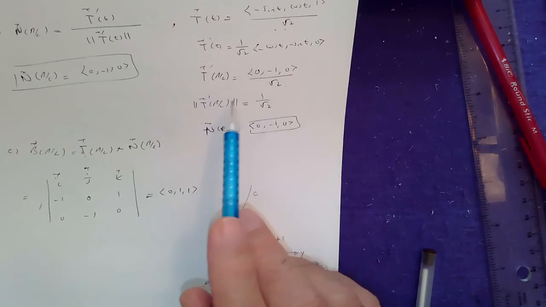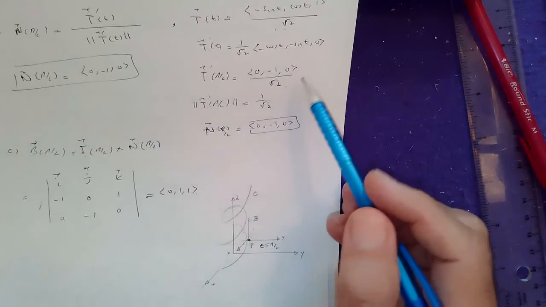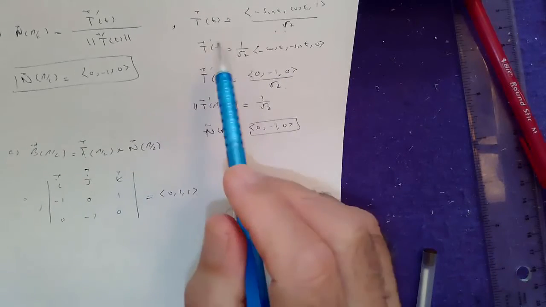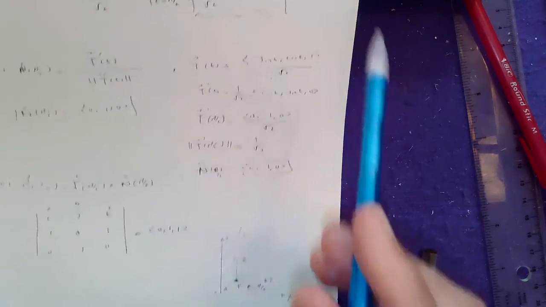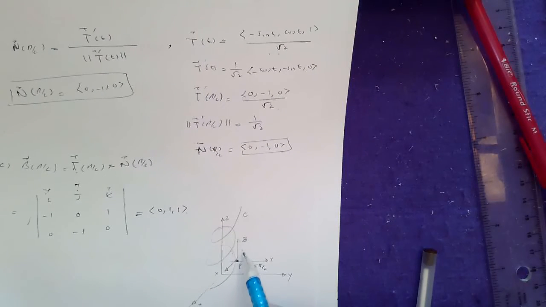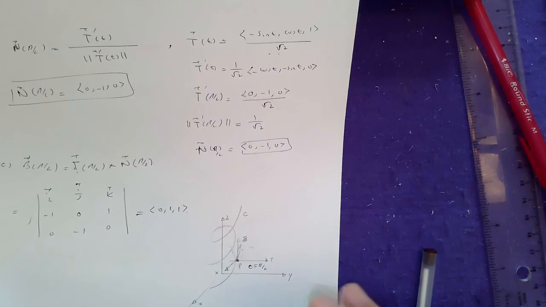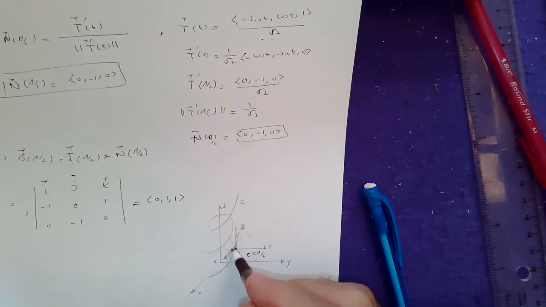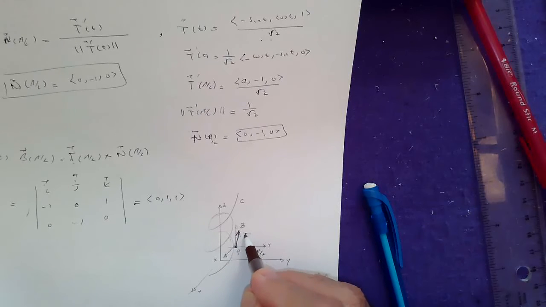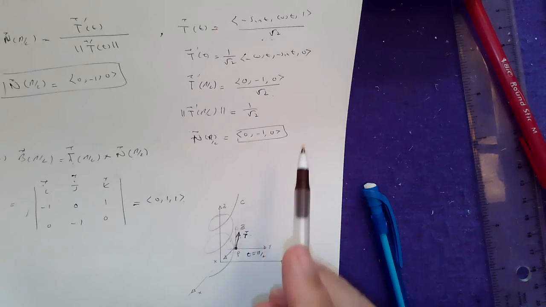T is right there: 1 over square root of 2 times (-1, 0, 1). So you go negative 1, 0, 1, right about here. That's your unit tangent. The unit normal is this one.